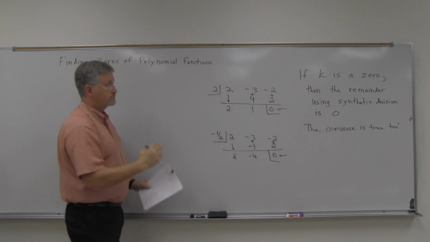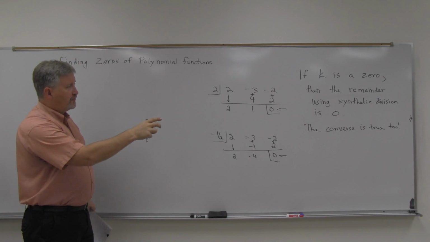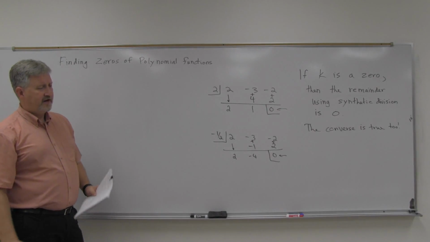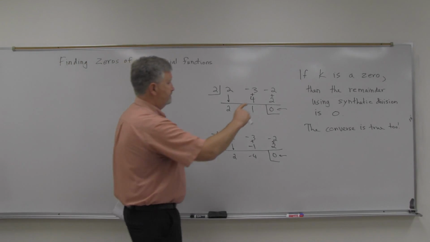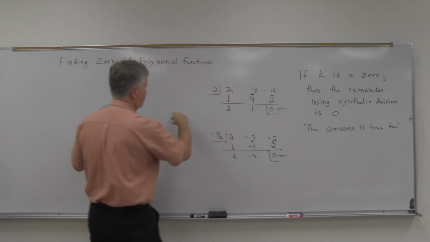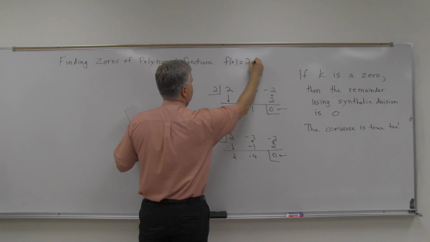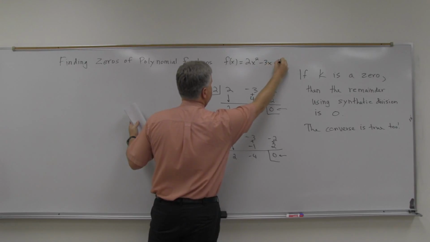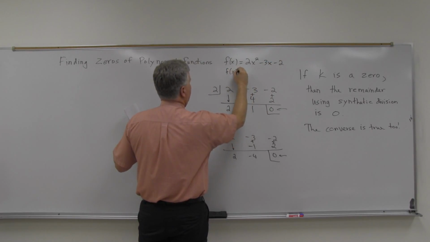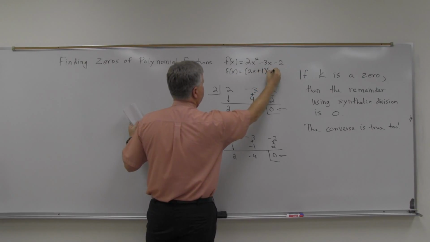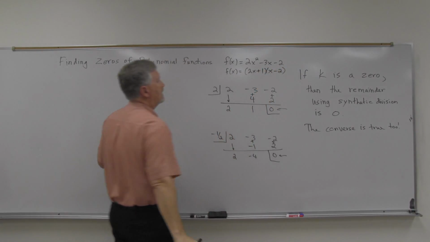Now, also here, because I think this is the way one of the problems in the book asks it. I just erased my function, but it was f of x equals 2x squared minus 3x minus 2, which was also in factored form (2x plus 1)(x minus 2). Is that right? Yes.